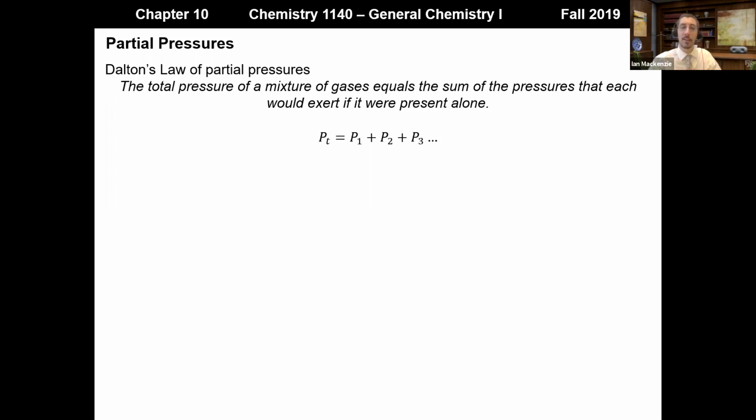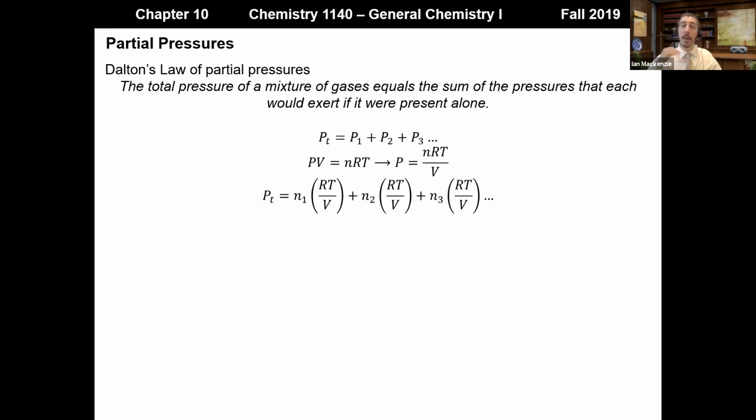Okay, so then how do we relate this to the ideal gas law? Well, we can rearrange the ideal gas law to solve for pressure and say that it's just nRT over V. But assuming that the temperature of the system remains constant, so the temperature of one gas is the same as the temperature of another gas, is the same as the temperature of the third gas that's in the system, and that the volume of the container that they're in is constant, then we can put the gas constant, temperature, and volume all in parentheses because those are a constant value, and RT over V is the same regardless of the gas that we're talking about.